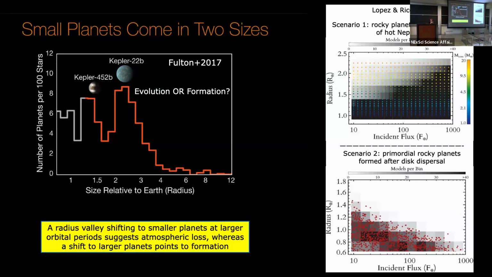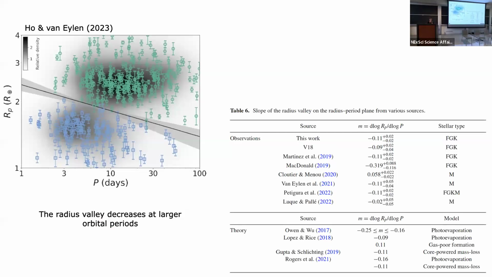The opposite would happen in the case of planet formation, because outward you would have more solids to form your planets, and so you could form larger planets.